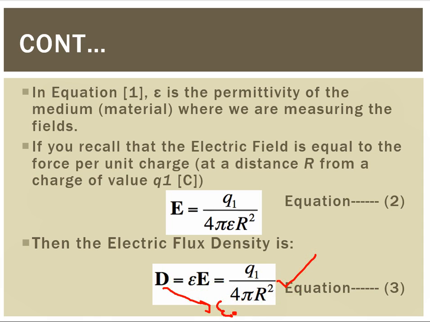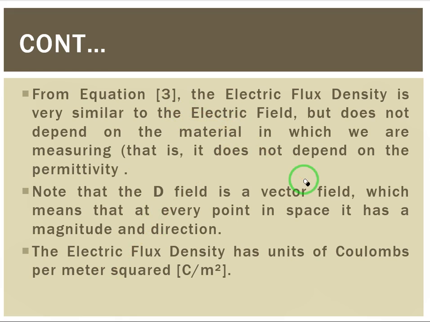You can see this for electric flux density in equation 3. Note that the D field, the electric flux density, is a vector field, which means that at every point in space it has a magnitude and a direction. It has a unit of coulomb per meter square, as I told you before.